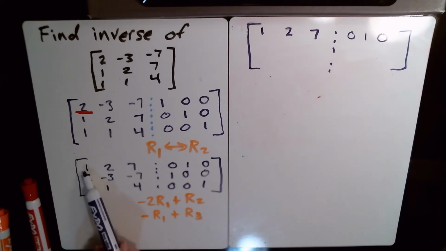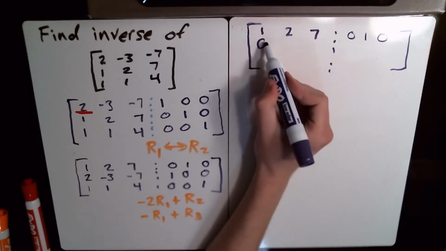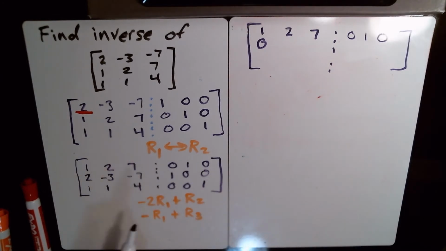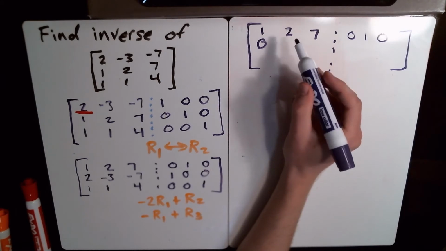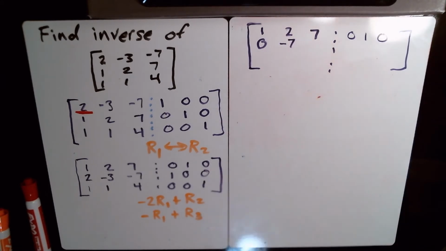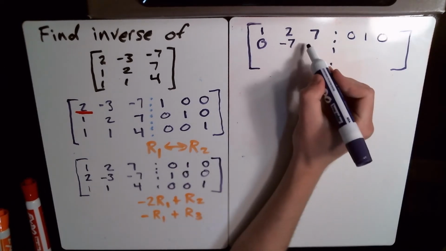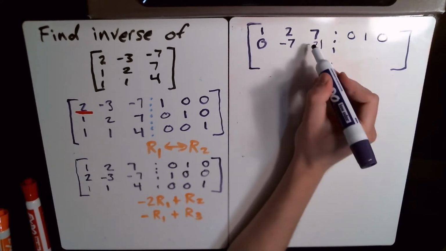So -2 times 1 is -2, plus 2 is 0, just like what we wanted. -2 times 2 is -4, plus -3 is -7. Okay. -2 times 7 is -14. Minus 7 is -21.